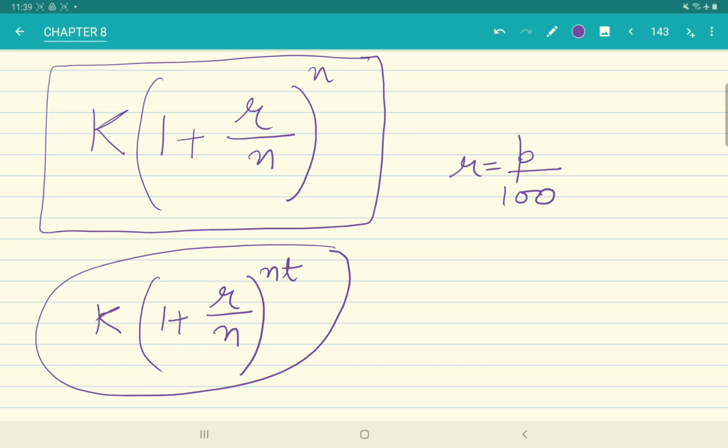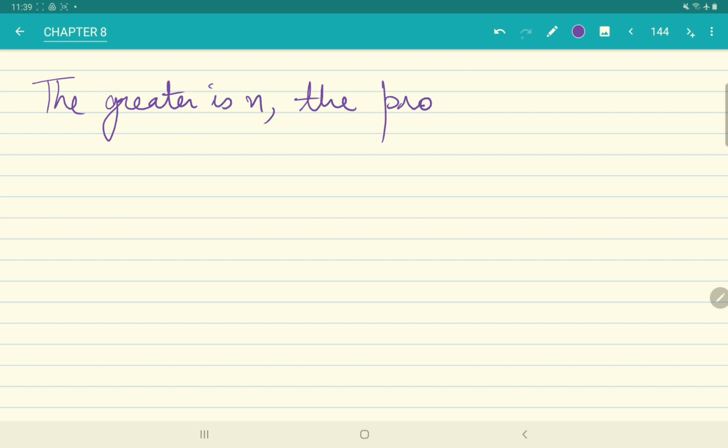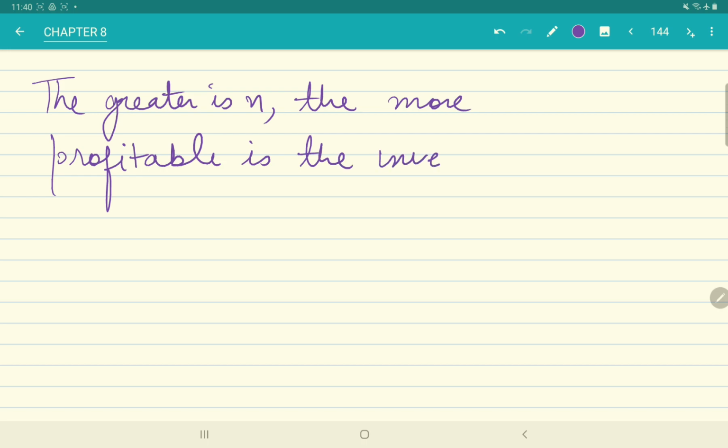And that means the greater the n is, the more profitable the investment is for the lender.